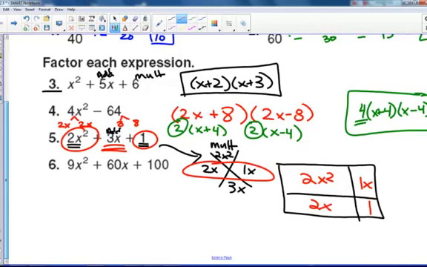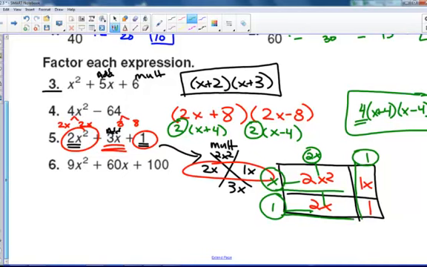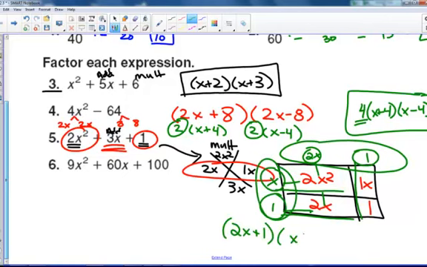And it doesn't matter where these things are in the box, as long as they're in opposite corners. And then I need to figure out my external side length. So this would have to be 2x, which means this would have to be 1. This would have to be x. This would have to be 1. And that all works out. So my factored form is 2x plus 1 and x plus 1.